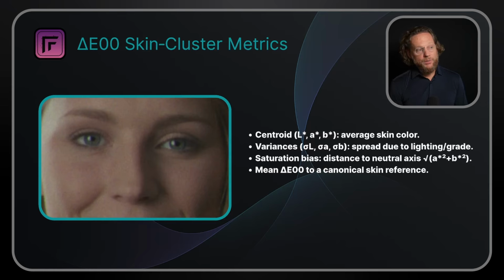And that's very important to be done in the LAB color space, because then we can neutralize it and we can always measure it in relation to the luminance of an image and the luminance of the skin. And then what we did as well, we used the skin tone of Isabella, and we said, okay, this is our reference value.